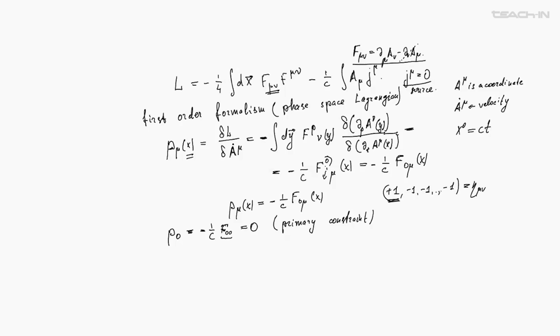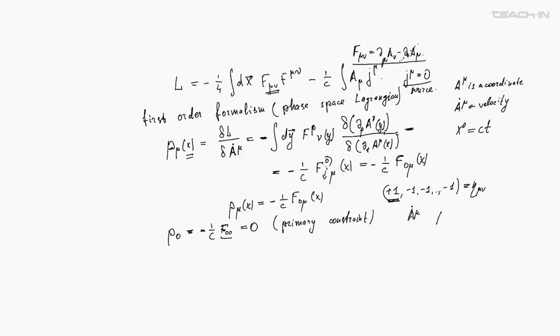And the problem here is that once you realize that P0 is equal to 0, this means that you are not able to express all the velocities via canonical momenta, because you have 4 velocities, A mu dot, index mu running 0, 1, 2, 3.